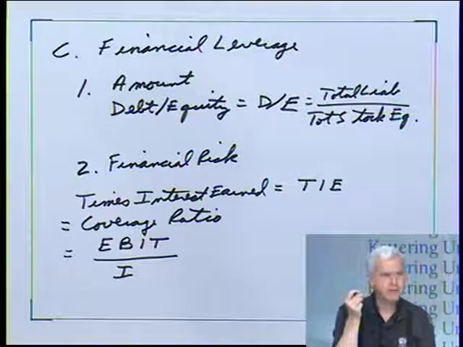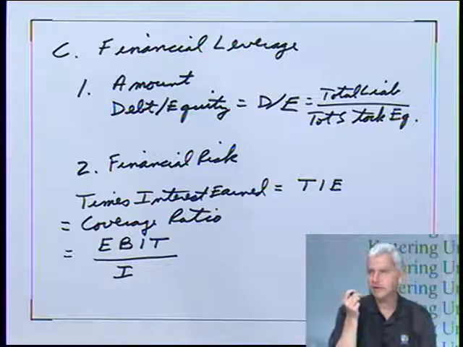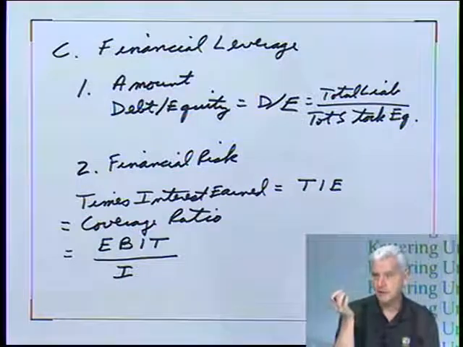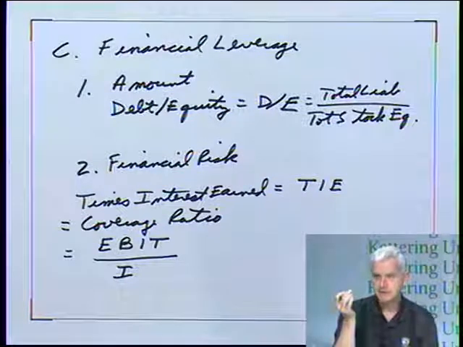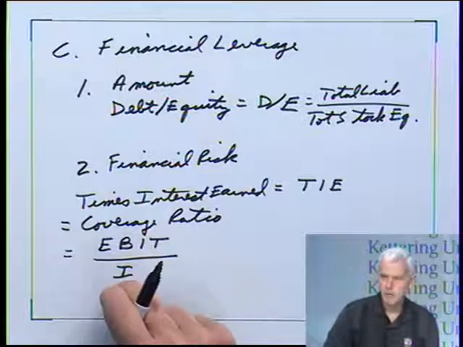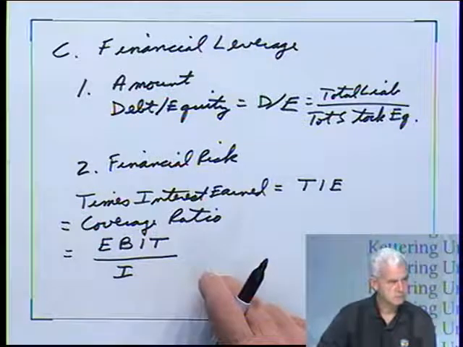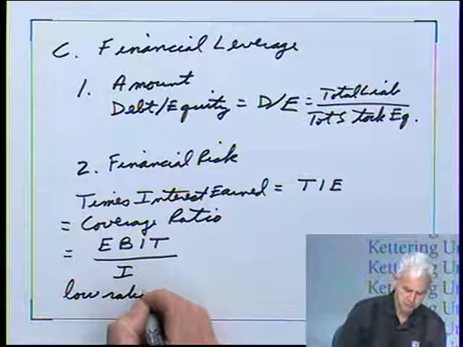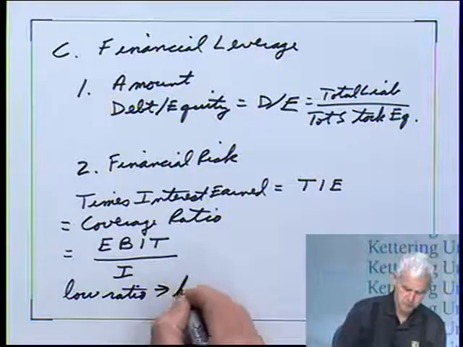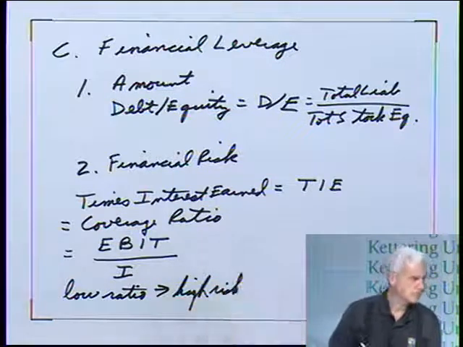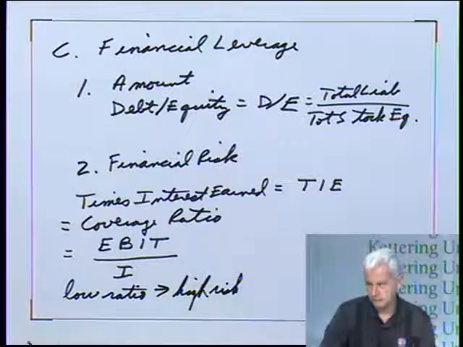No, that doesn't leave anything for taxes, and it leaves absolutely nothing, which is going to upset the government, but it's going to leave nothing for earnings. So when this ratio is low, low ratio means high risk, high financial risk.